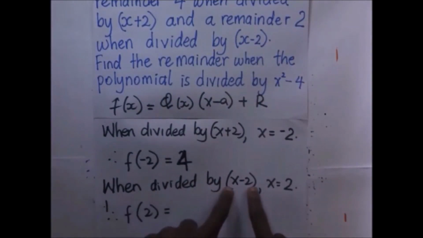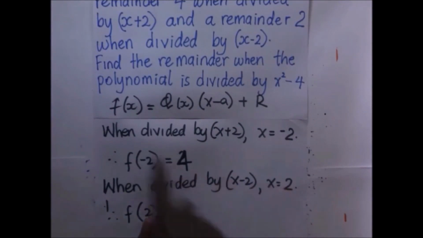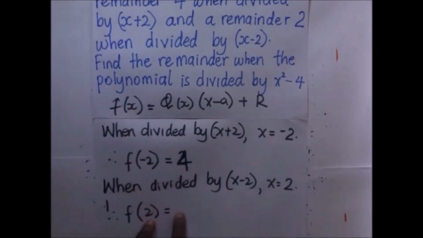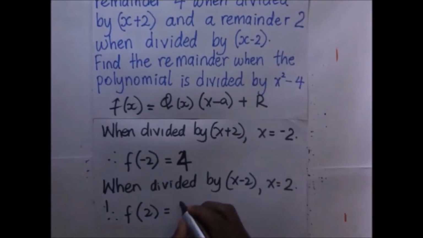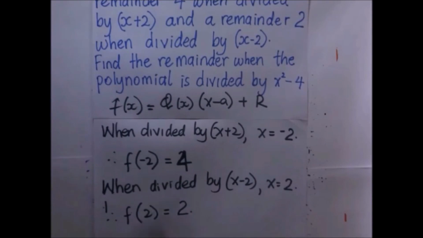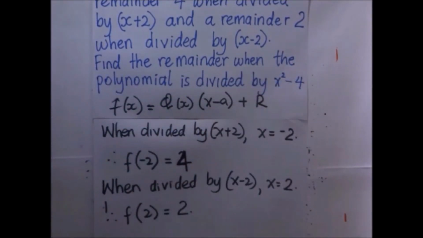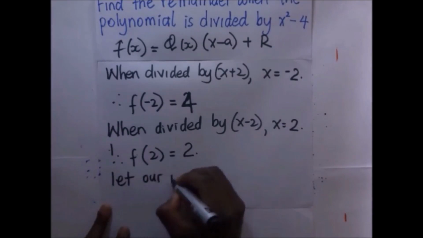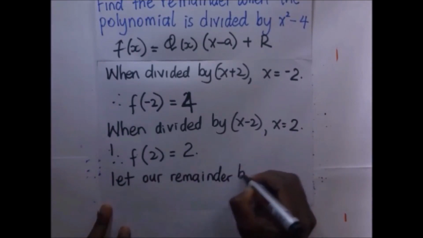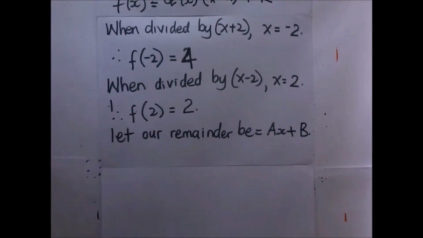So when it's divided by x minus 2, our value of x is going to be 2, and when we put 2 in the place of x, our remainder is supposed to be 2. They're asking us to find the remainder when the polynomial is divided by x squared minus 4. So let our remainder be equal to ax plus b.